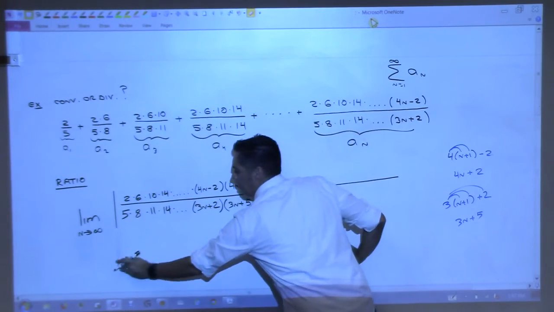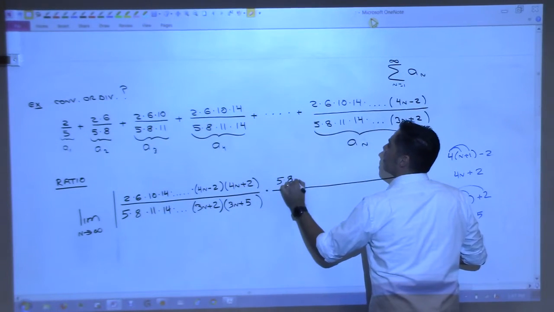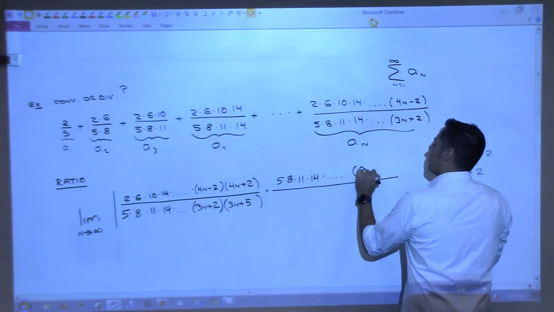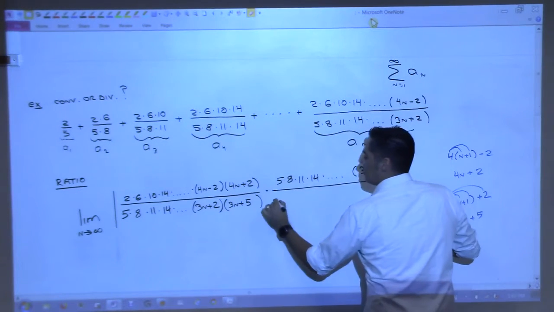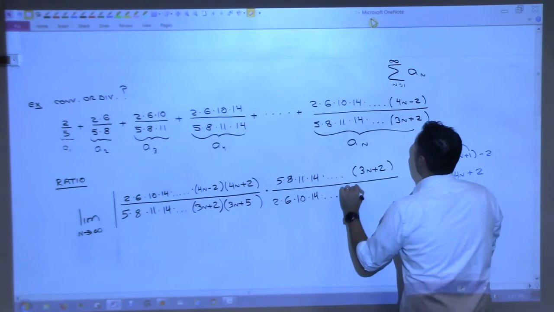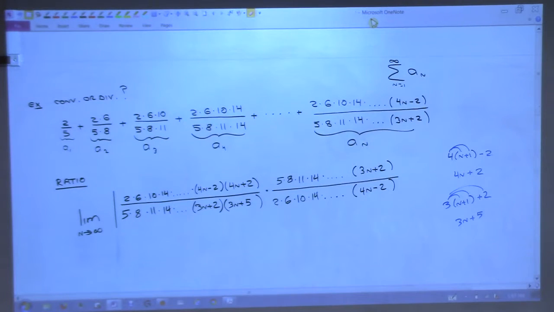I don't need such big absolute value bars. So when I flip it, it's 5 times 8 times 11 times 14 times dot, dot, dot, 3n plus 2. And then 2 times 6 times 10 times 14 times dot, dot, dot, 4n minus 2. Do you see all the stuff that cancels?